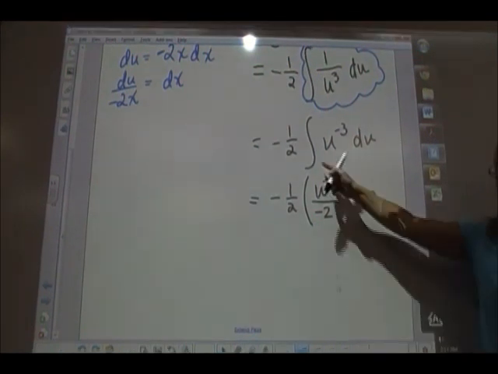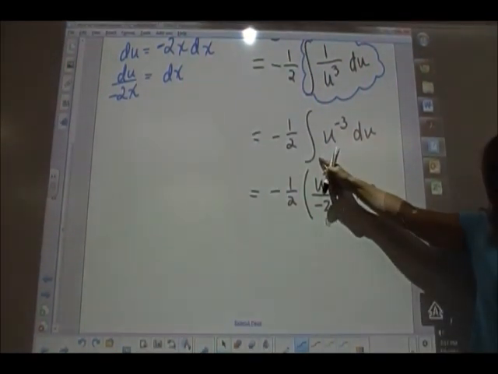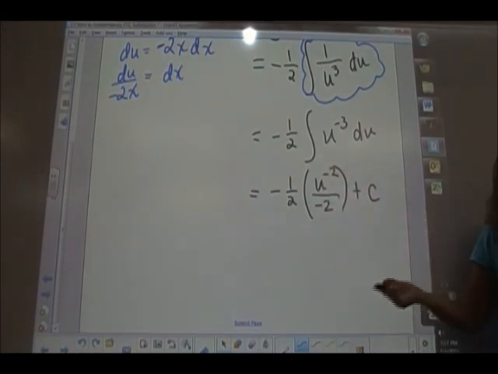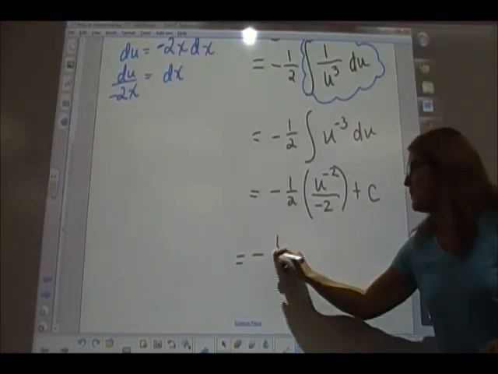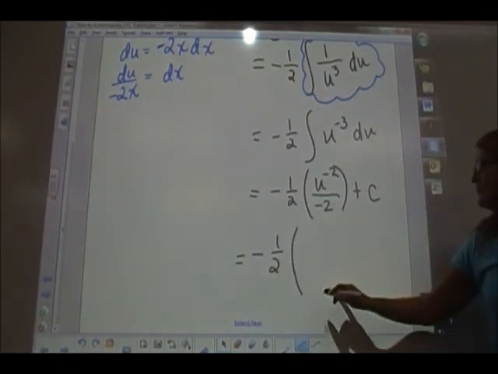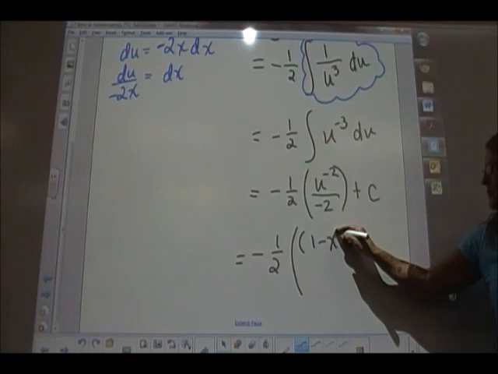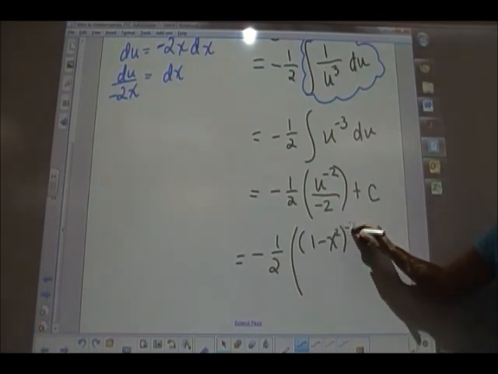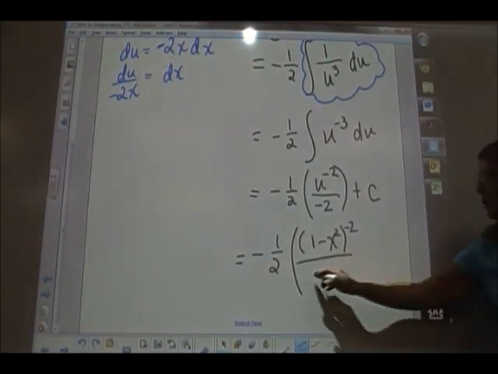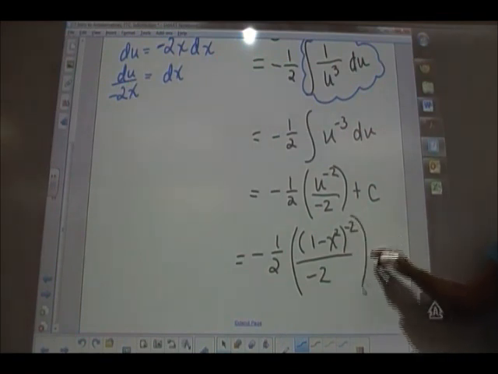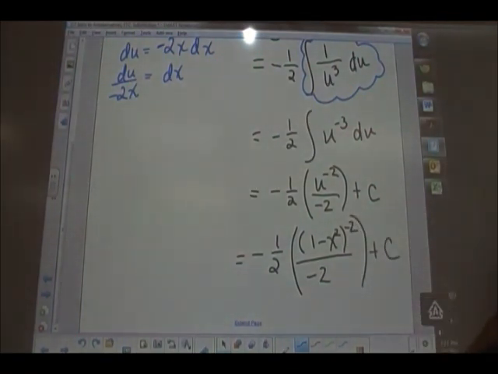You just use the sheet, so the integral symbol's gone. So now you substitute your 1 minus x squared back in for u. You started off with x's. You got to end up with x's. So my actual antiderivative is 1 minus x squared to the negative second power all over negative 2 plus c.